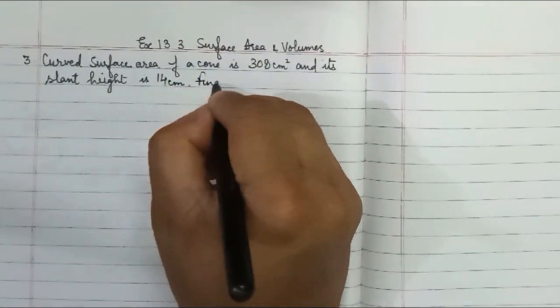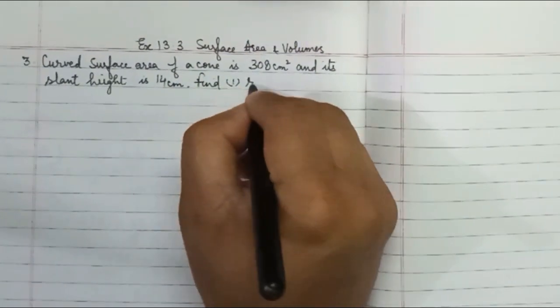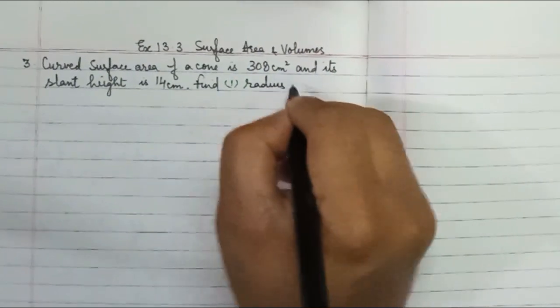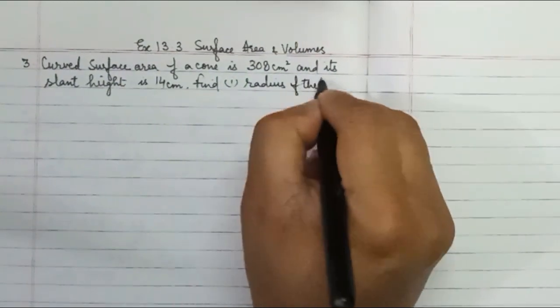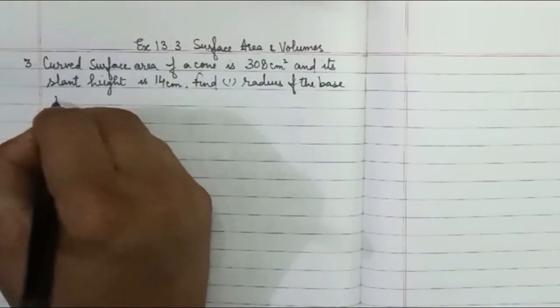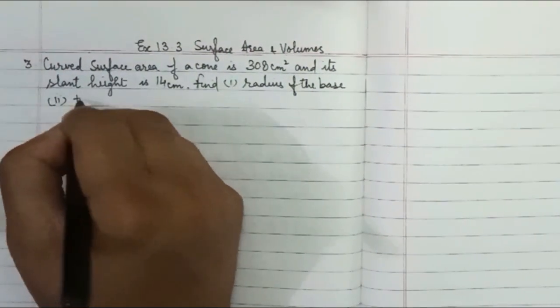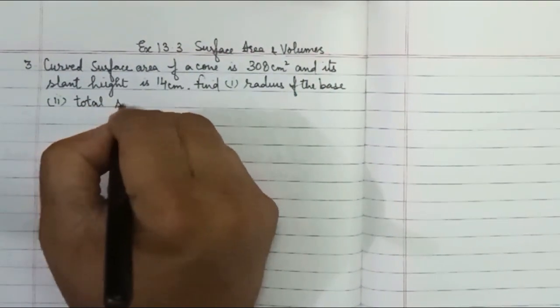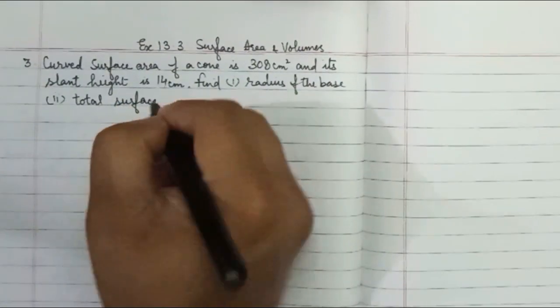We have to find number 1, radius of the base, and number 2, total surface area of the cone.